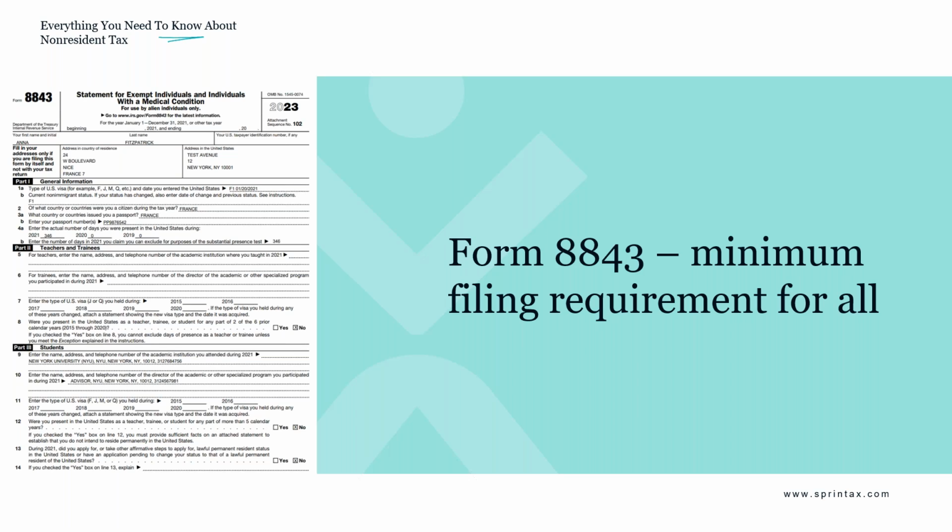It's going to ask you for some basic general personal information, as well as details of your days of presence in the US. And ultimately, it's letting the IRS know that you're a non-resident for tax purposes for this tax year and not to count your days of presence towards a substantial presence test. It is a part of your tax record, so it's important to make sure that you are preparing and filing this form for each year that you trigger the filing requirement of the 8843.